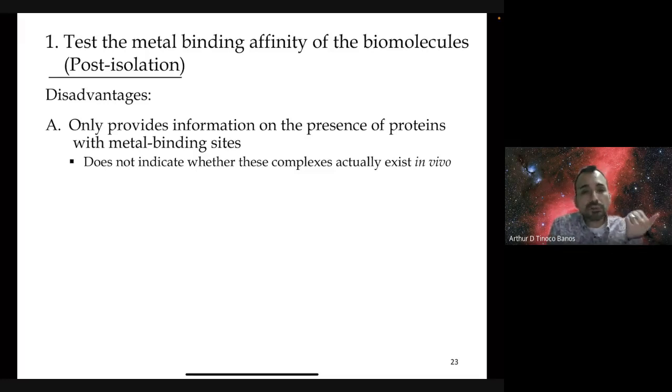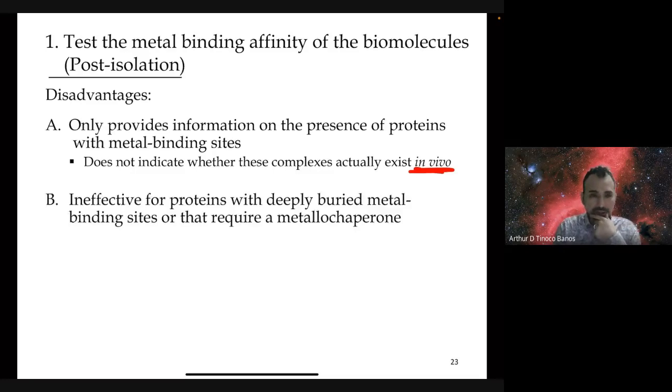First, it only provides information on the presence of proteins with metal binding sites. It doesn't actually tell you if that occurs in vivo. Another limitation is that it's ineffective for proteins with deeply buried metal binding sites or that require a metallochaperone, something that will bring the metal to it.